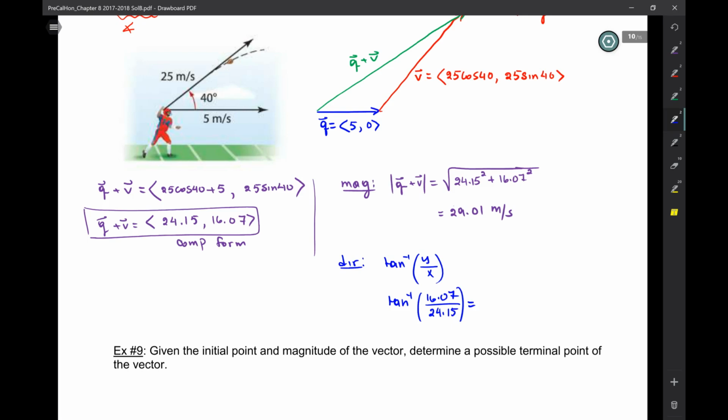Okay? So inverse tangent 16.07 over 24.15 is 33.61. 33.6 degrees is good enough. Okay?